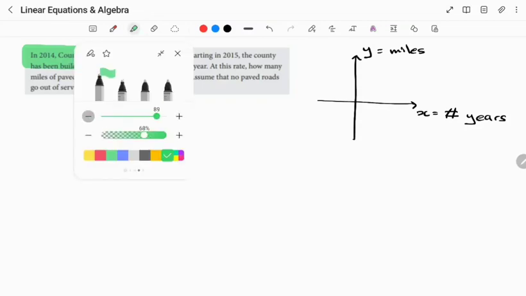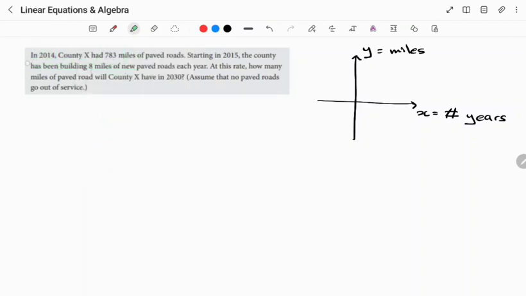Let me try to lower it a little bit. Okay. In 2014, County X started with 783 miles. And then every year after that, they have been building 8 miles each year until 2030. This is the information that we need to build our equation.